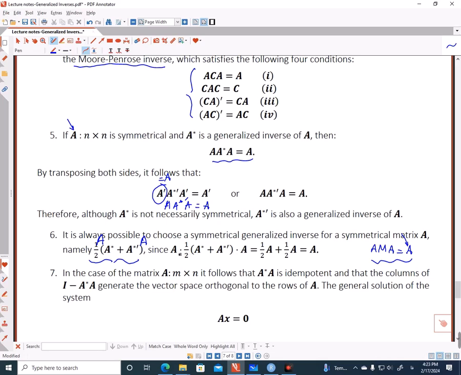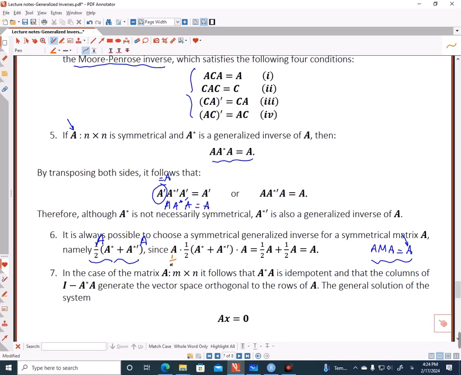So if I multiply, then I have half A A star A and half A A star transpose A, which I can write this way.